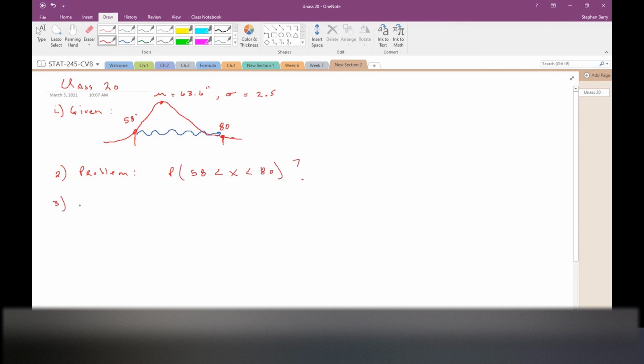And your method, the way you would approach this, would be to find a z-score. Since it's normally distributed, we standardize. There are going to be two z-scores, so let's call this z-score 1 and this one z-score 2.